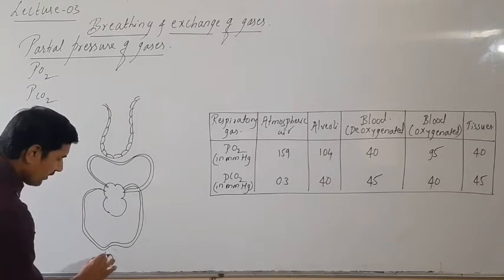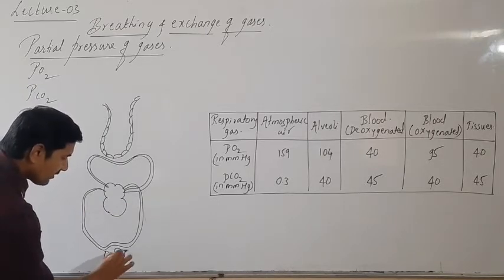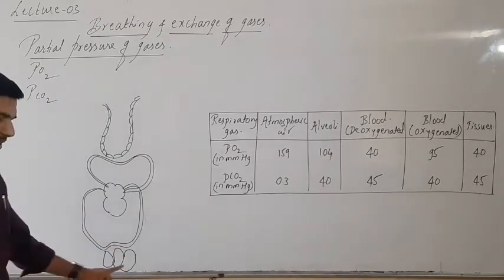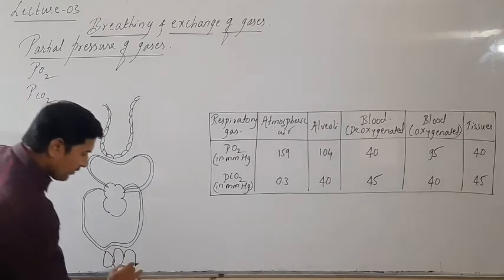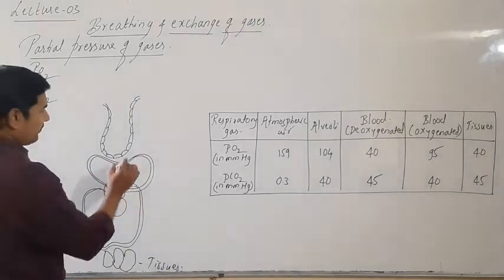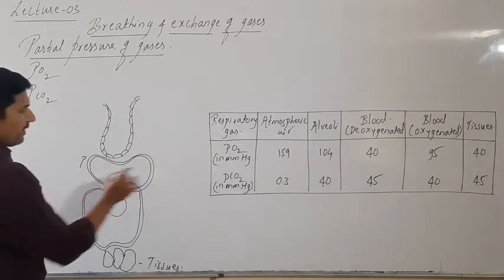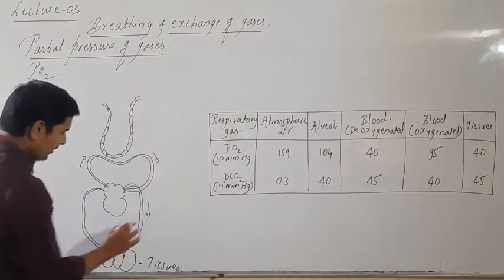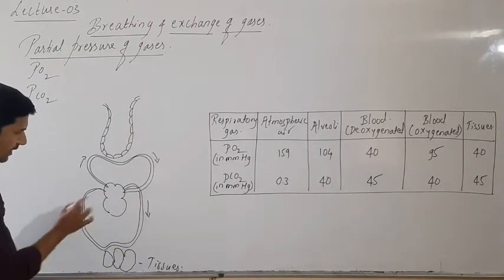And here we have the tissues, the body cells. Blood will enter here, blood will leave here, blood goes in this way, and blood comes to the heart.